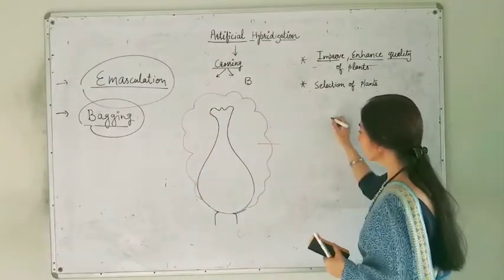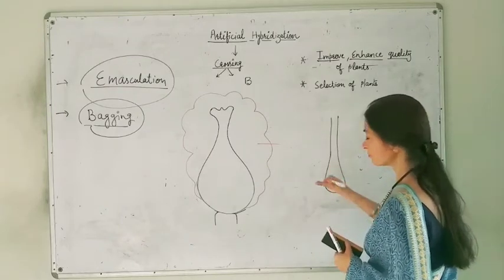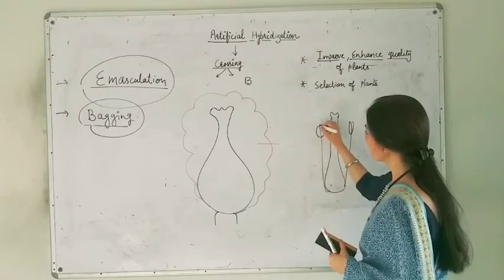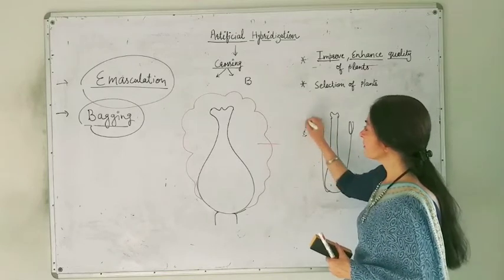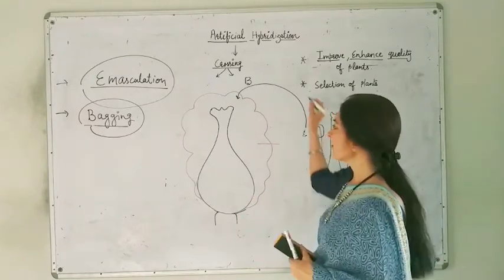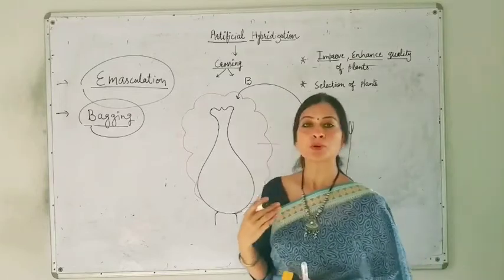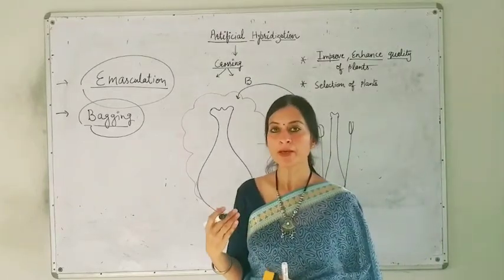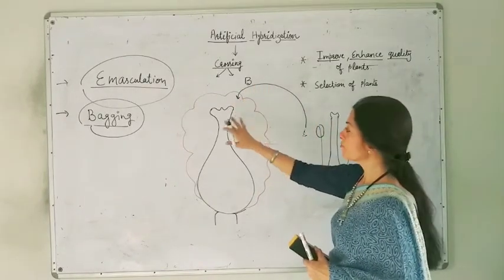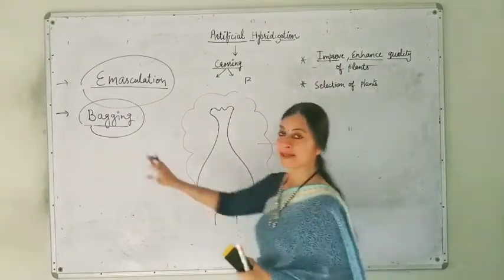Suppose another flower of the same species dehisces, and after dehiscence its pollen grains can land over the stigma of this flower, which we are not desiring. So to prevent the natural pollination process, we are covering this structure with the bag. So this step is bagging.